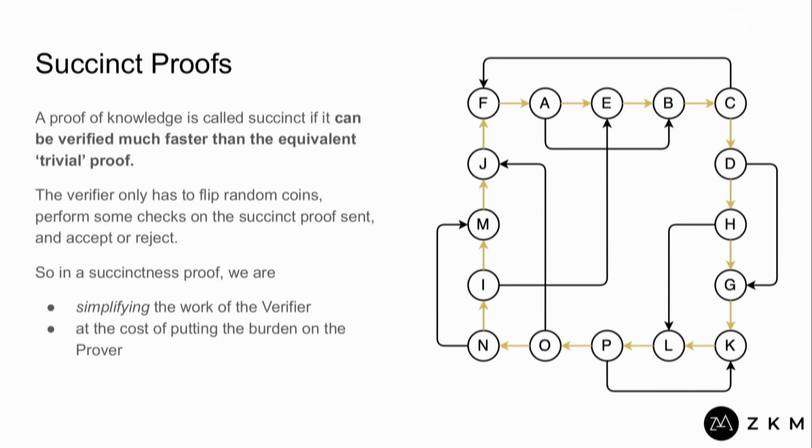It's a setting in which maybe the prover is a strong cluster and the verifier can be a cell phone. Or we can have a context in which the prover is off-chain and the verifier is layer 1.